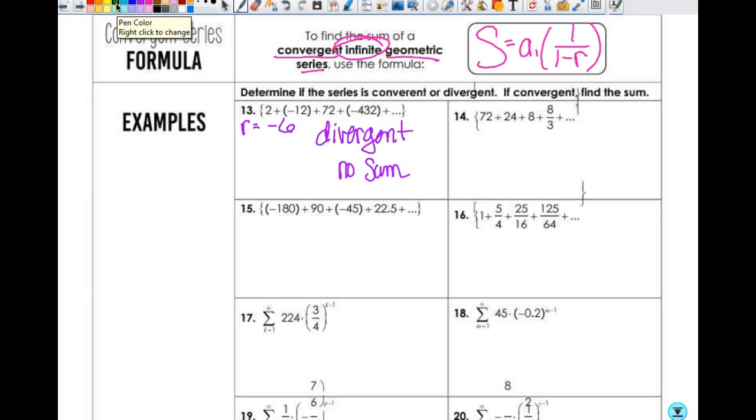All right, number 14. What is r? 1/3. So is it convergent or divergent? Convergent, which means I can find the sum, so I'm going to use that formula. The sum is equal to a1, which is 72, times 1 over 1 minus 1/3.